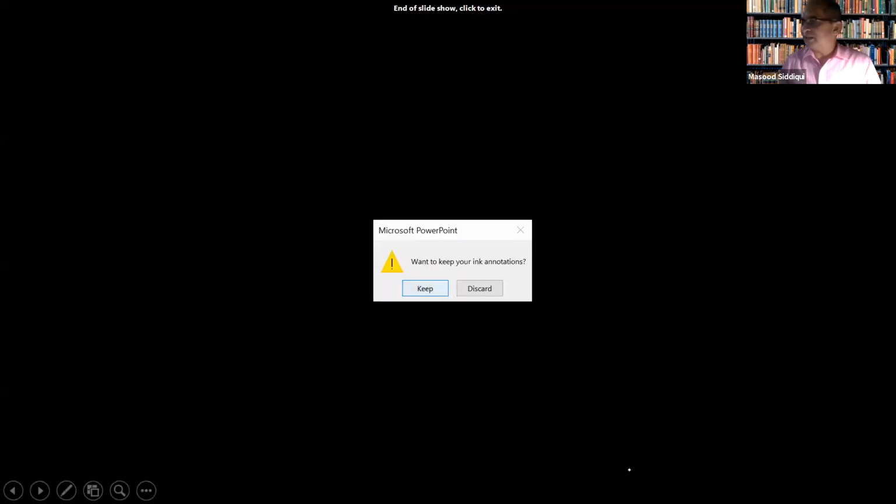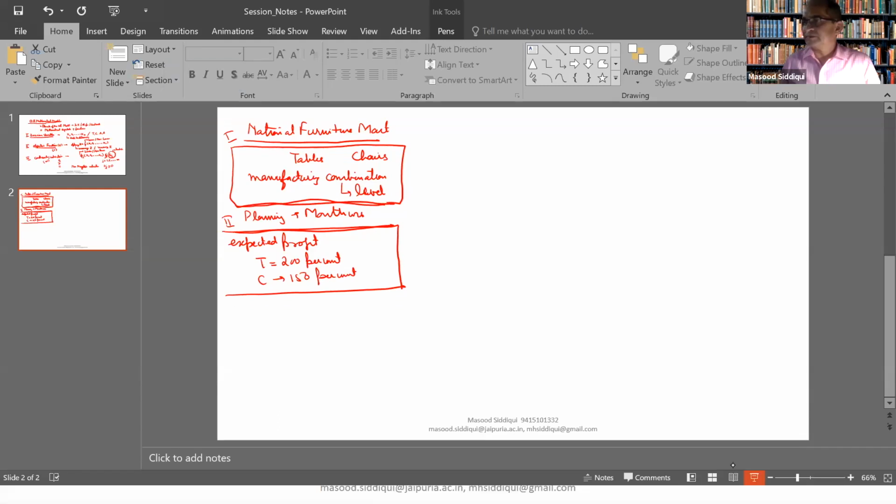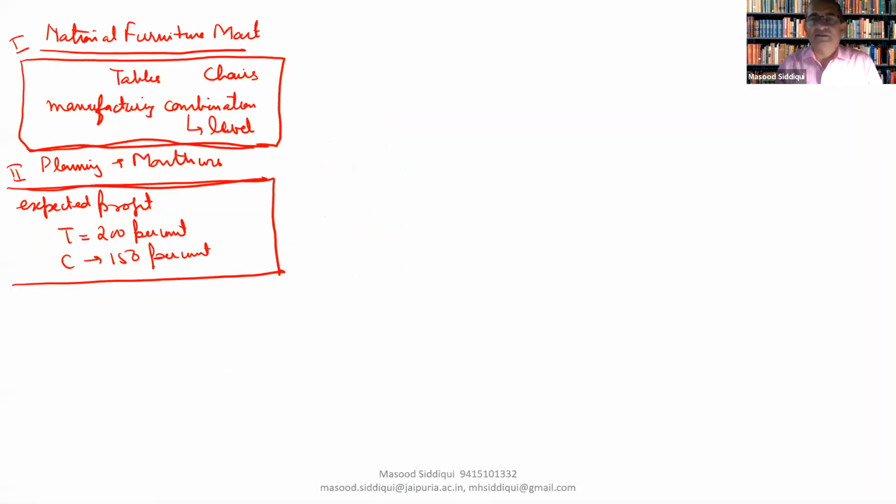Now we move to the resources part. The first thing is related to wood. Tables require 5 units of wood, and 2 units are required for each chair to be produced.